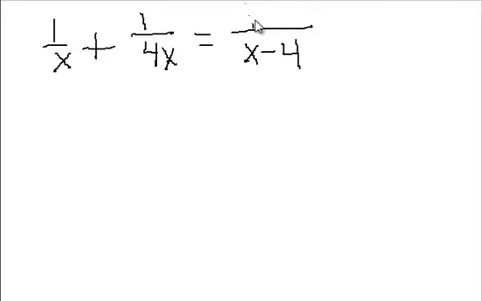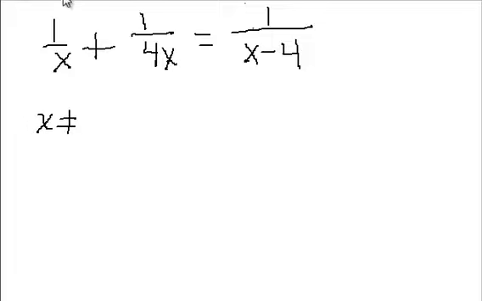One of the concerns is that, since our denominators contain variables, we want to make sure that we realize any value of x that makes any of these denominators 0 has to be restricted.